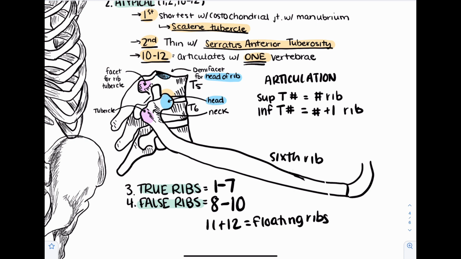So if this said what attaches to the superior demifacet of T7, the answer is the 7th rib. But if it asks the inferior facet of T7, the answer would be 7 plus 1, the 8th rib. So a little cheat sheet to figure out which demifacet goes with which rib.